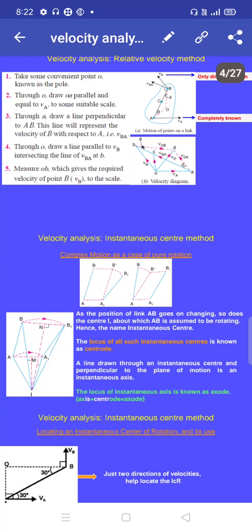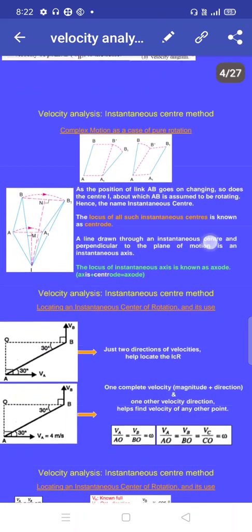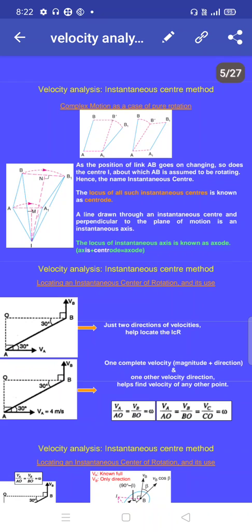Velocity analysis, instantaneous center method: locating an instantaneous center of rotation and its uses. Just two directions of velocity help locate the instantaneous center of rotation. One complete velocity, that is magnitude plus direction, and one other velocity direction help find the velocity of any other point.